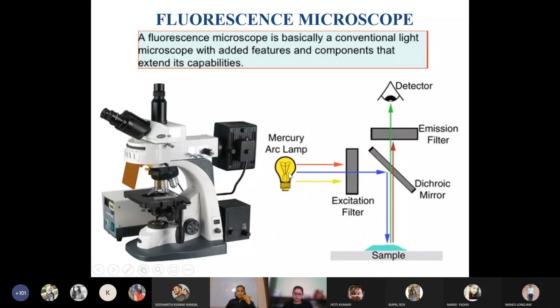In this, what you do is you illuminate a sample, and the sample contains some fluorescence tags. I'll discuss it further. These fluorescence tags emit fluorescence, which is of lesser energy or more wavelength, and it is then captured through the emission filter with the detector. The detector can be your eye or it can be your camera mounted over the microscope.